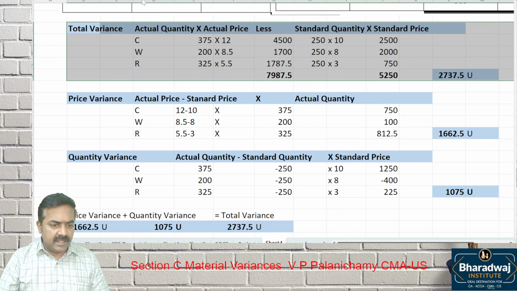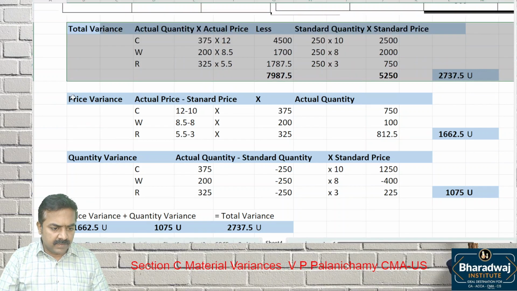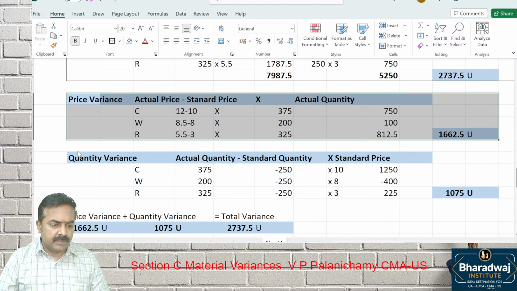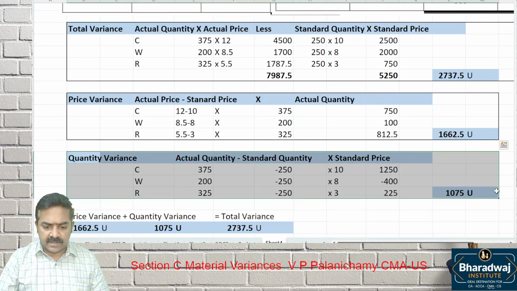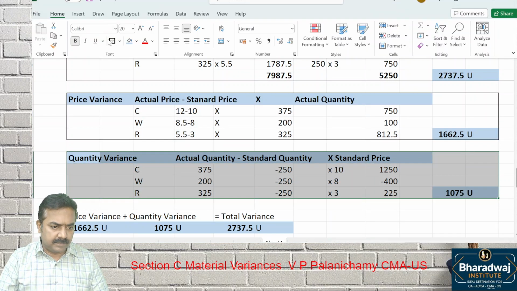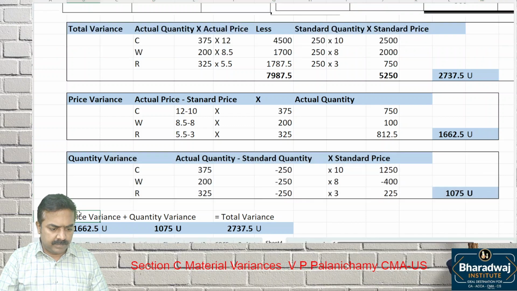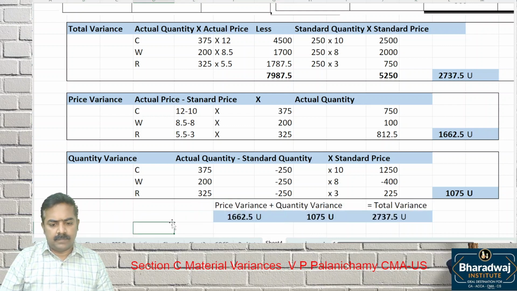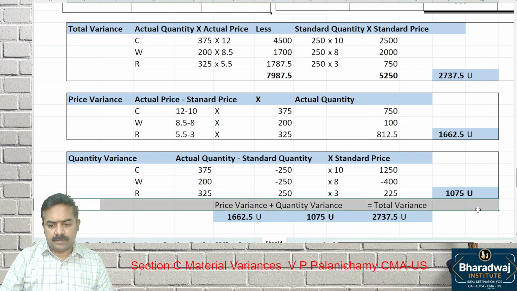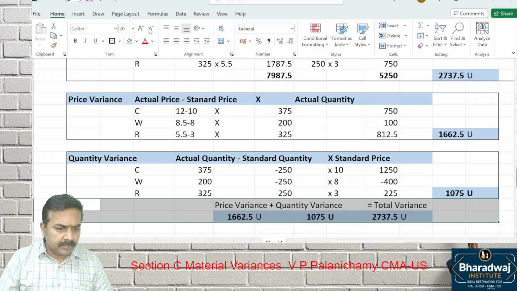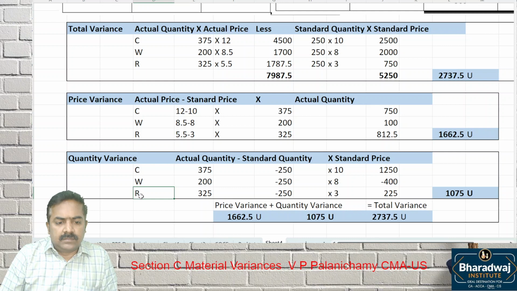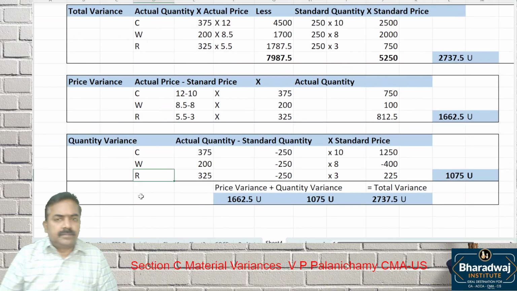So total variance is this much. That is bifurcated into price variance and quantity variance. Have we taken up this?